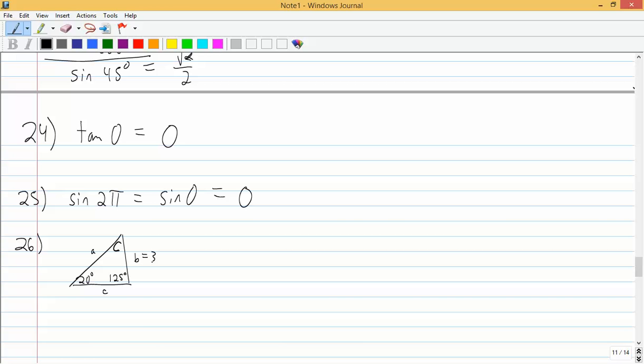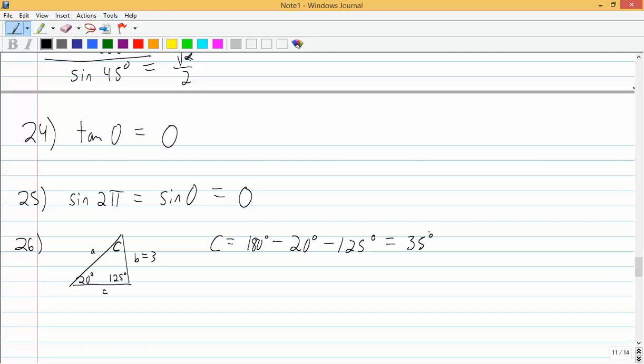Since I know a corresponding side and angle, you can right away just jump into law of sines if you want. But you can easily solve for angle C there. So if you said 180 degrees minus 20 degrees minus 125 degrees, then you would get what?